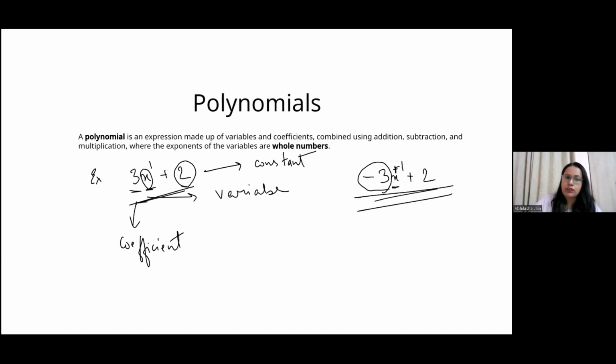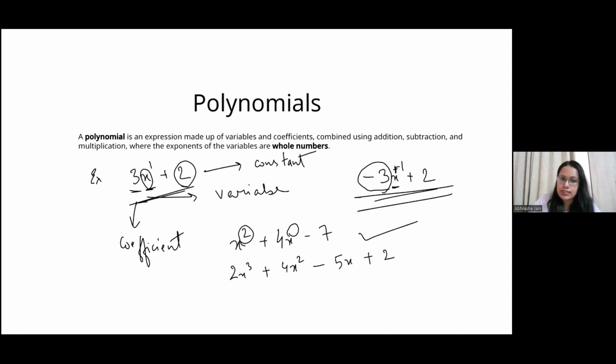Some other examples of polynomials are x squared plus 4x minus 7. This is a polynomial where the power of x is 2, and here the power of x is 1. So this is again a polynomial. Another example is this.